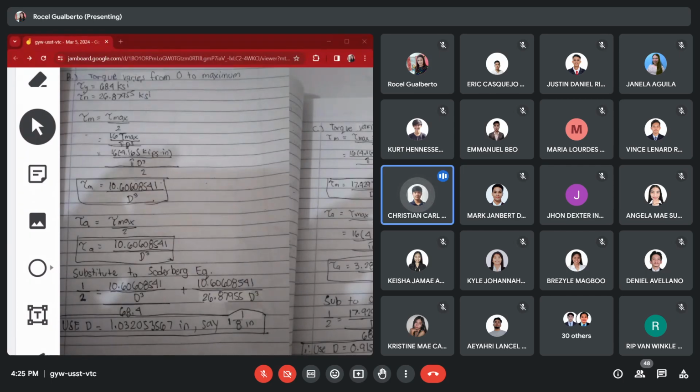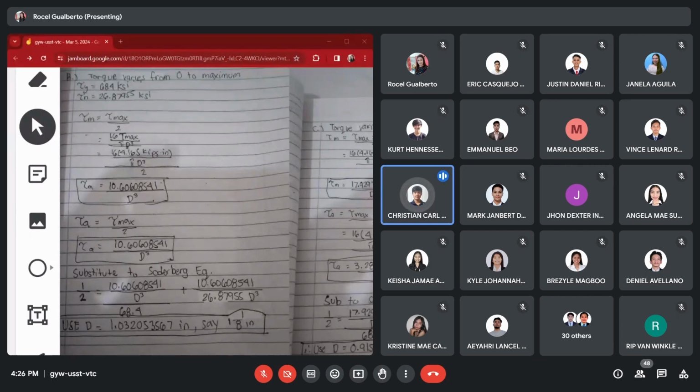Para naman po sa tau a, same lang po siya sa tau m, which is tau max over 2 po. Kaya po yung tau a po ay 10.608541 over d cube. Tapos we substitute po siya sa Soderberg equation, which is po yung magiging po siyang 1/2 equals to 10.60 over d cube all over 68.4, which is po yung tau y, plus 10.608541 all over 26.87955 times d cube.